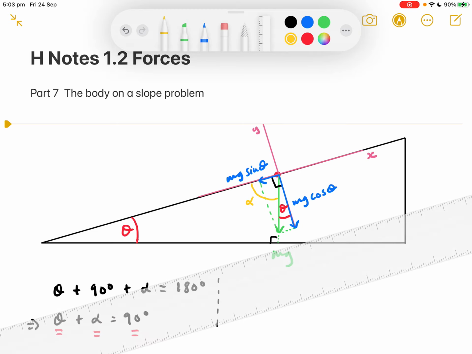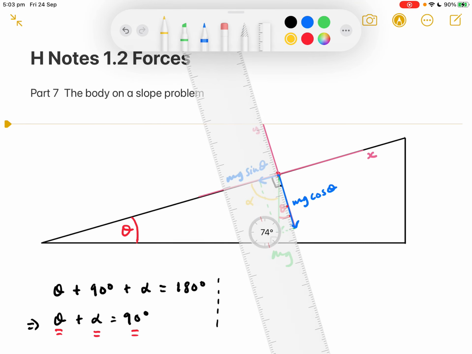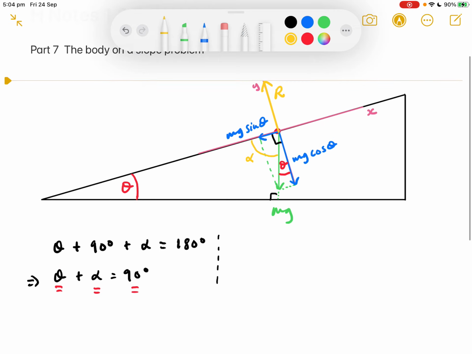And in case you're wondering if mg cos theta is the only component in that direction, why is that object not moving down in the mg cos theta direction? That's because the slope itself has a normal reaction force, we'll call it R, and R and mg cos theta balance each other, so there's no movement in the y direction, so we tend not to worry about that.